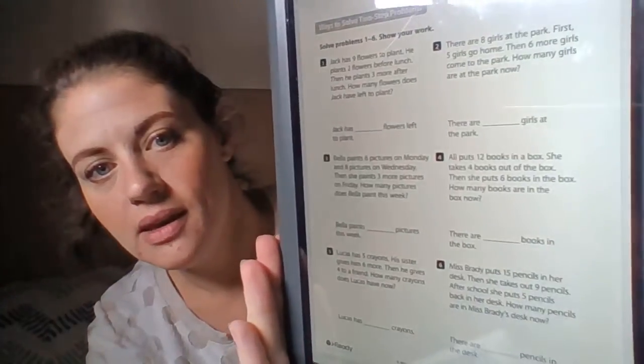This is what it looks like, just one page today. The first question says, Jack has 9 flowers to plant. He plants 2 flowers before lunch, then he plants 3 more after lunch. How many flowers does Jack have left to plant? You make your equation, show your work, and figure out 9 plus 2 plus 3 equals what?